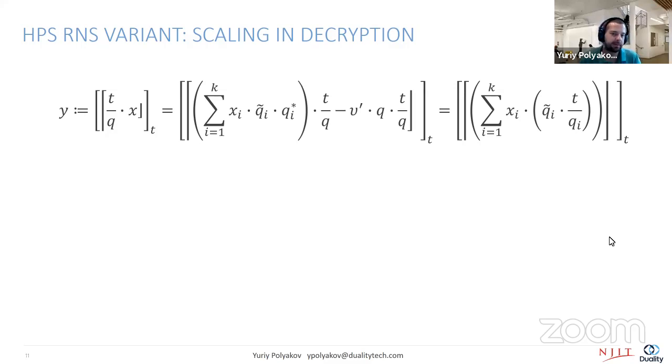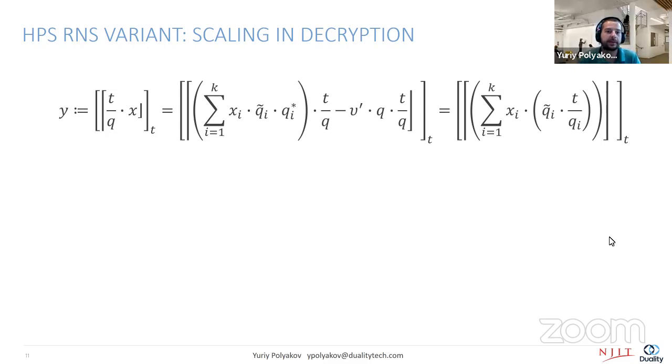In this case, let's think of x as representing a coefficient of a polynomial that we get as a result of the decryption operations, for instance, C0 plus C1s in the case of these three schemes. So it's just a representative coefficient.